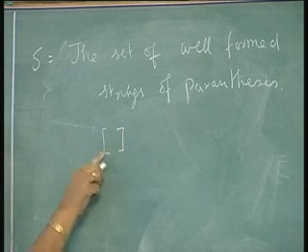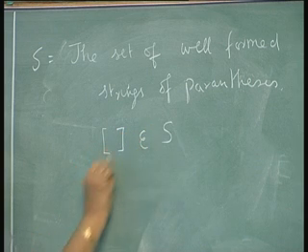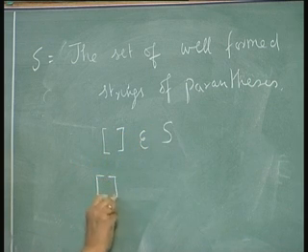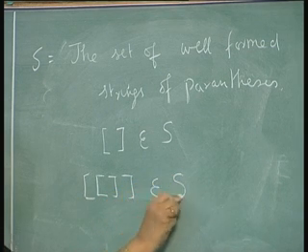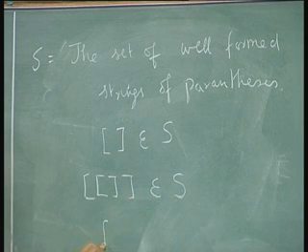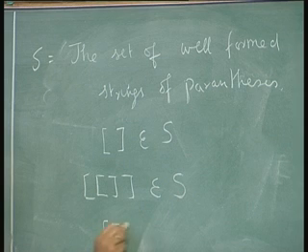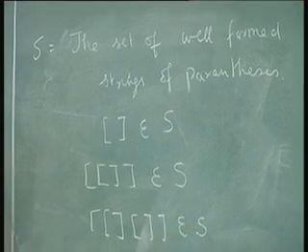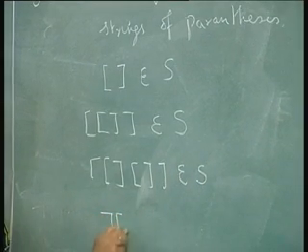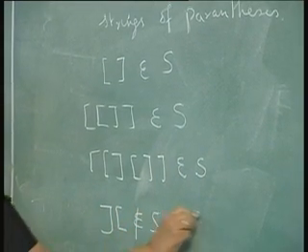So, this is an element which will belong to S. Again, another element, this also is a well formed string, this will belong to S. Another element is this, which will belong to S, but this does not belong to S.